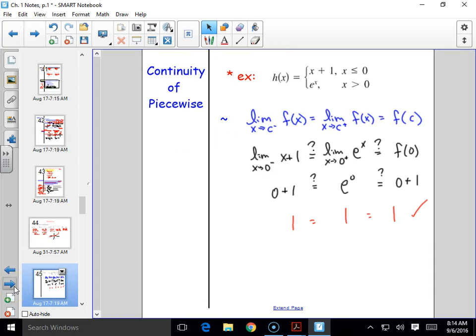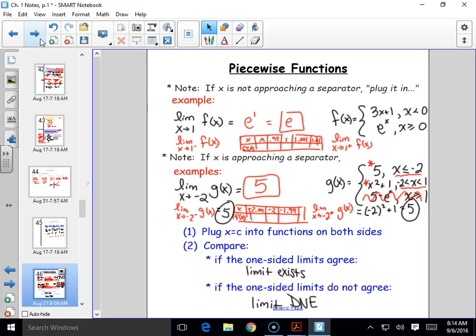We talked about piecewise. Why are piecewise functions tricky? Or I should ask, when are piecewise functions tricky? When x is approaching, I should say, when it is tricky. Uh-oh.